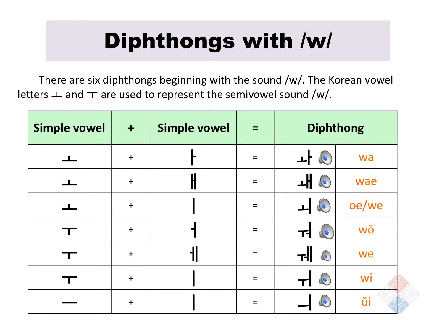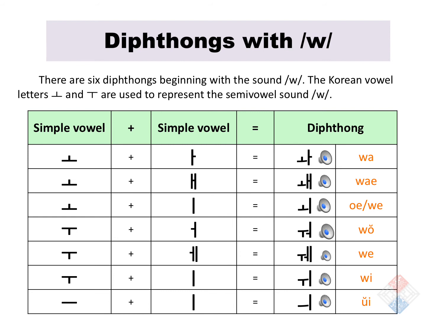U and a together, these are both dark vowels. Wa. U and e together, we. Once again, this sound is very similar to the second one and the third one.